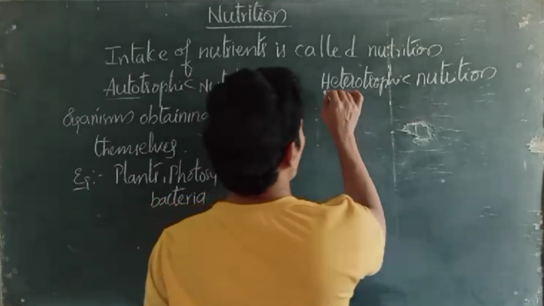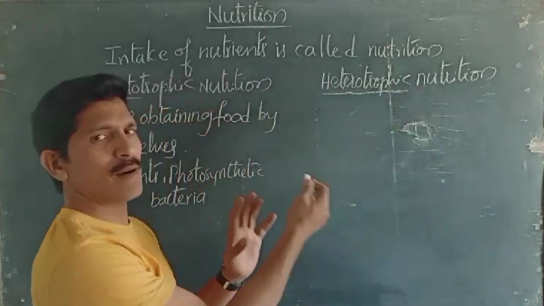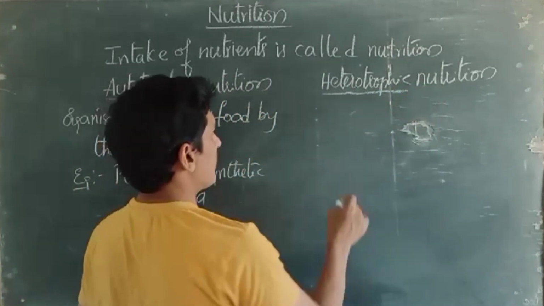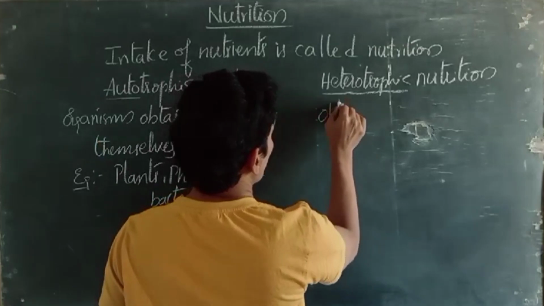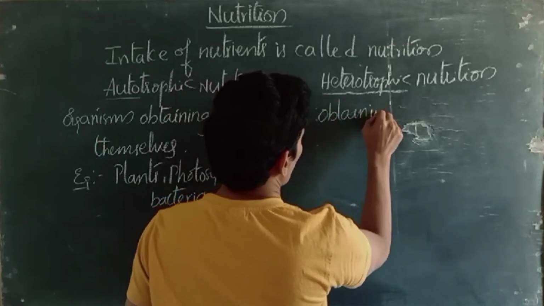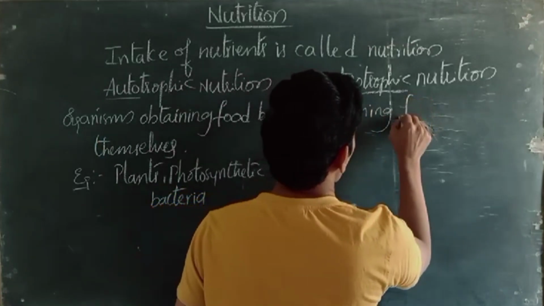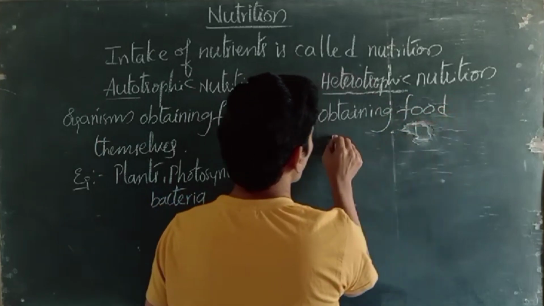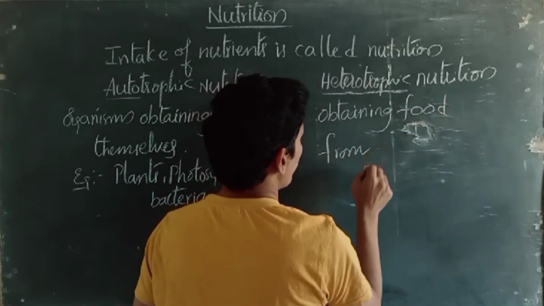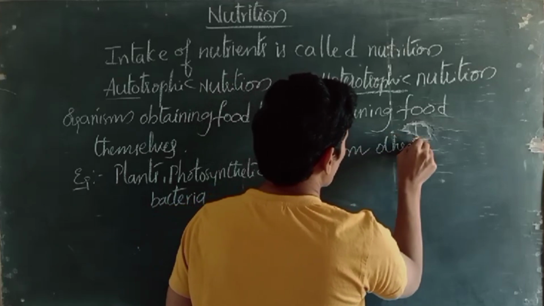Coming to heterotrophic nutrition. Heterotrophic means quite the opposite of autotrophic, right? Obtaining food from other organisms.